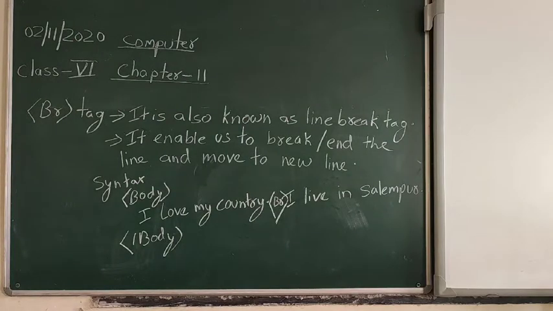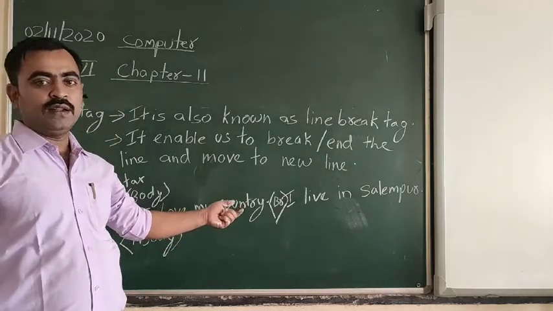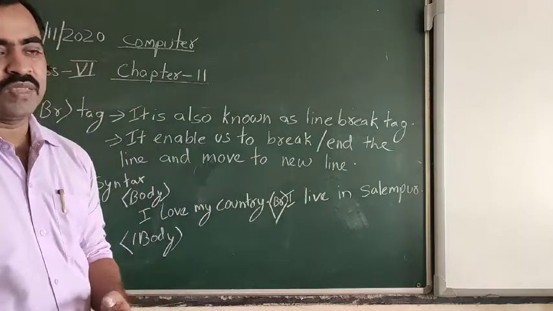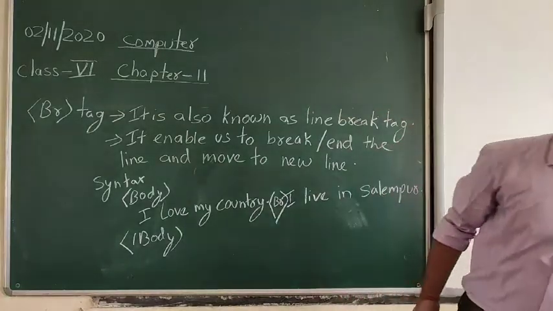So wherever you want to end a particular sentence or line and move the next sentence to a new line, you use the BR tag between the two sentences. We do not need to close the BR tag because the BR tag is an empty tag. It is an example of an empty tag, so the closing of the BR tag is not necessary.